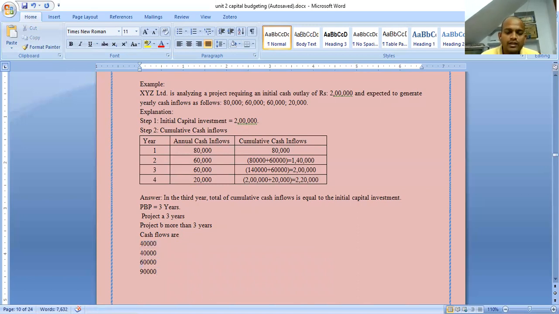But in the fourth year, the cash inflows, the returns, are higher than project A. But the payback period always suggests project A because it takes only 3 years to get our investment back.